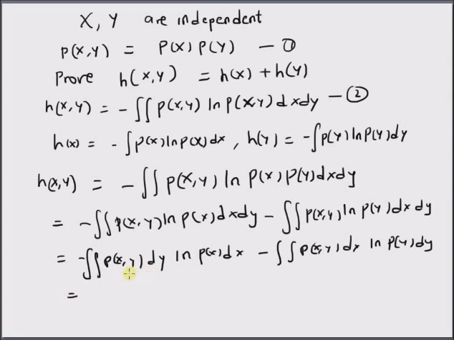This integral is nothing but p(x), so it becomes the definition of H(x), and this integral is p(y), so it becomes the definition of H(y). Hence H(x, y), the joint entropy, is equal to the sum of the entropies, H(x) plus H(y), provided x and y are independent of each other.